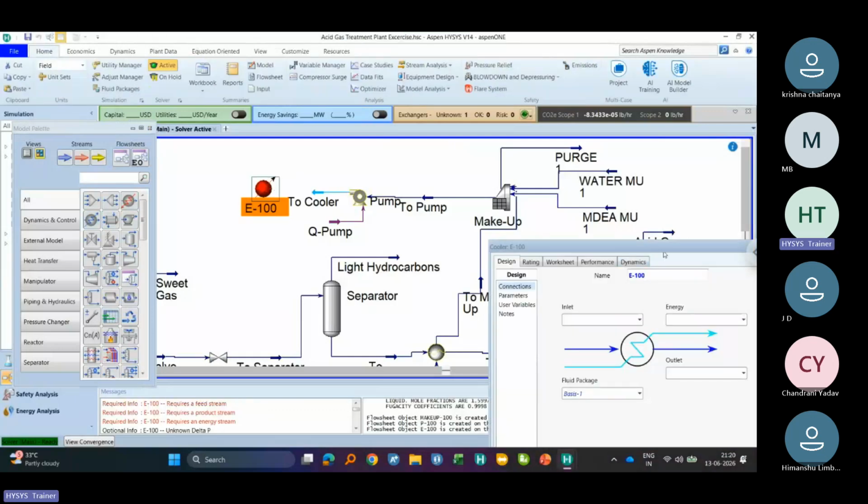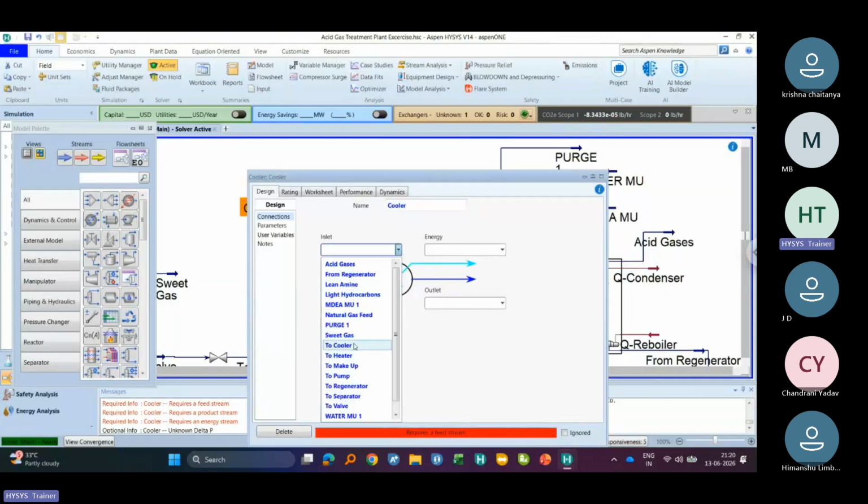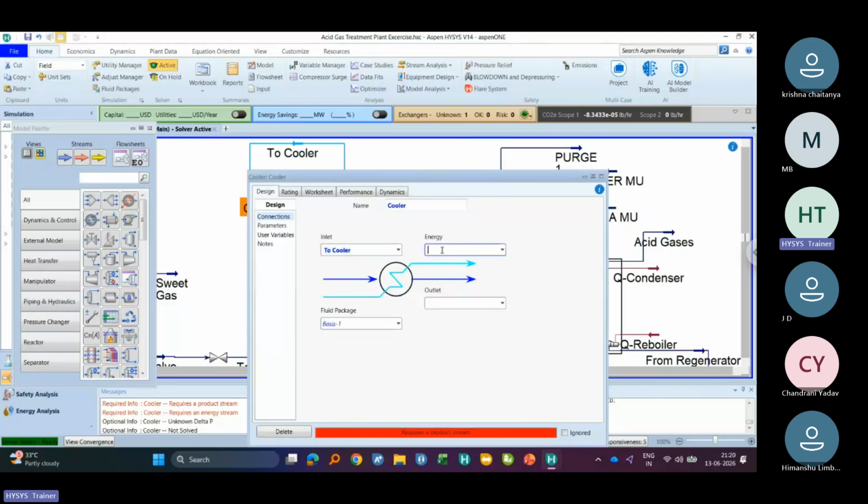We'll add a cooler after this. And we'll rename it as cooler. The inlet is to cooler. Energy stream will be to cooler. And the outlet, we will be passing this outlet to the recycle stream.